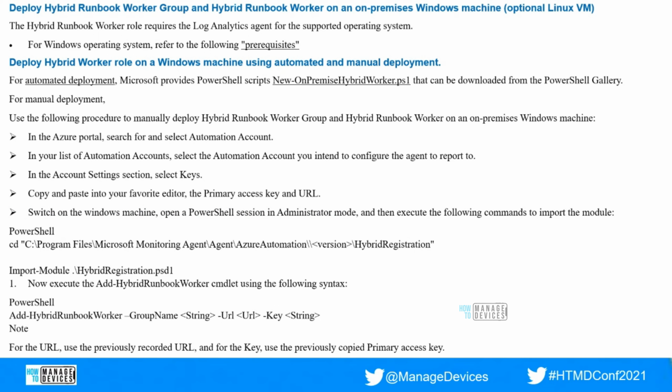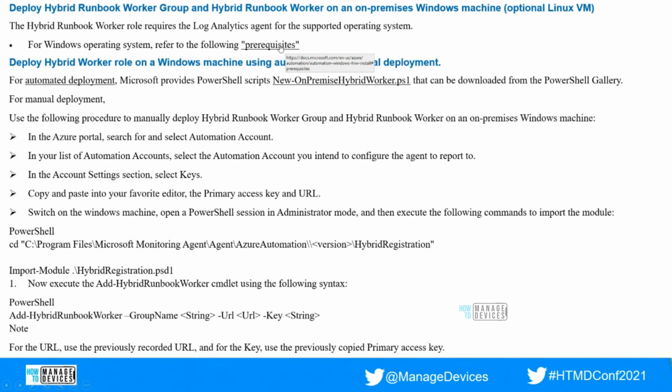Deploy hybrid runbook worker group and worker on the on premises. This is the main option for which we just went through all these details. I have already given the link here for the prerequisite. When you hover over the link, you will find the Microsoft document on how to do that.